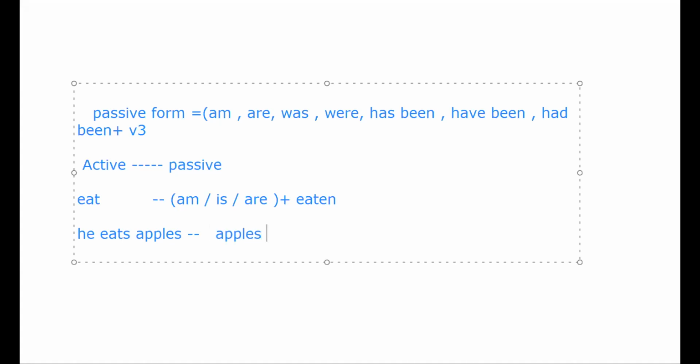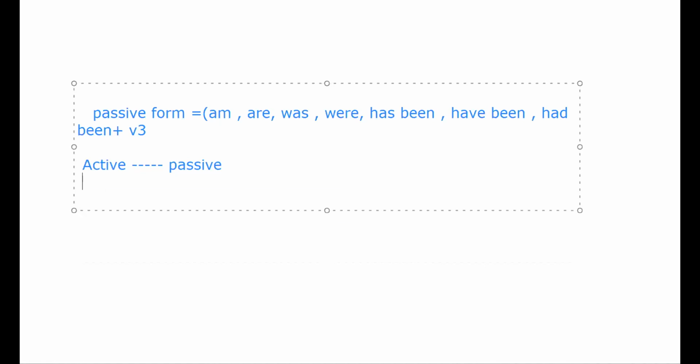Apples. Okay. Now look at this one. Now apples plural. Now this is standard EATEN. Now apples plural and tense is present, so are eaten. Don't worry about this. You only focus on are eaten. Or it depends. Only apple. Apple is eaten. Fine.